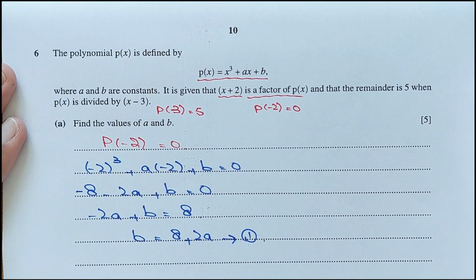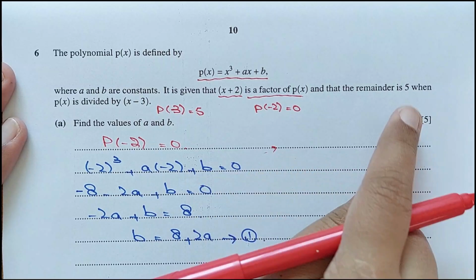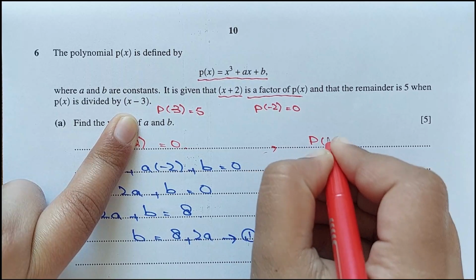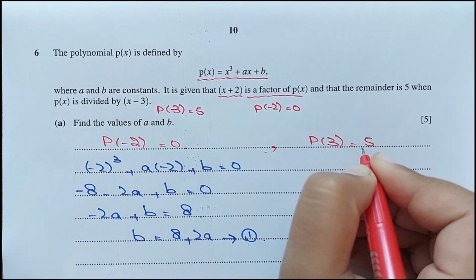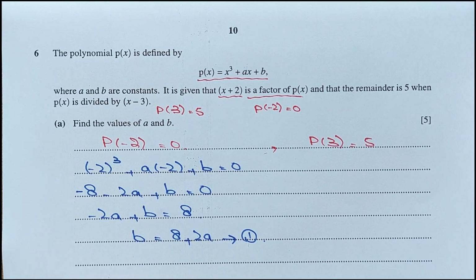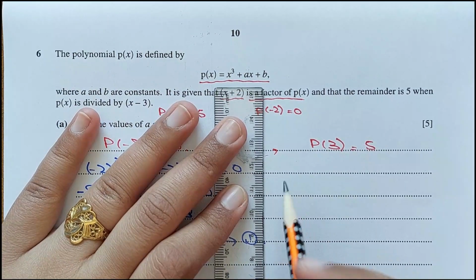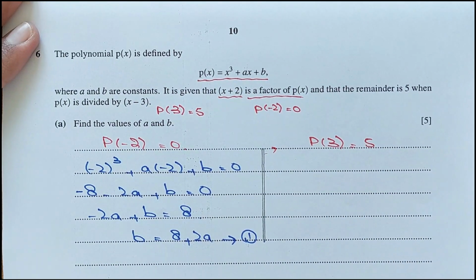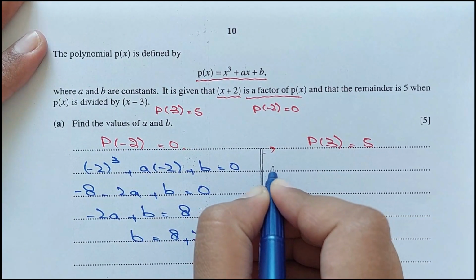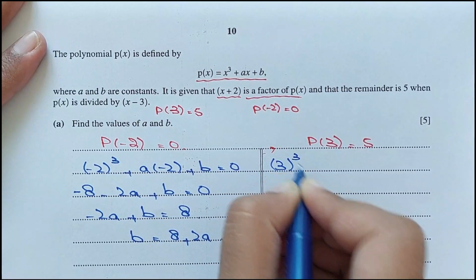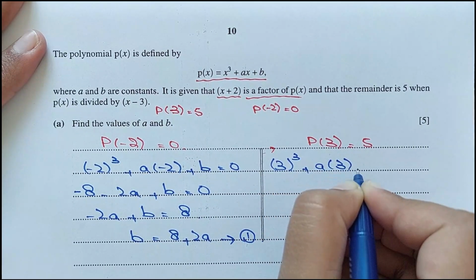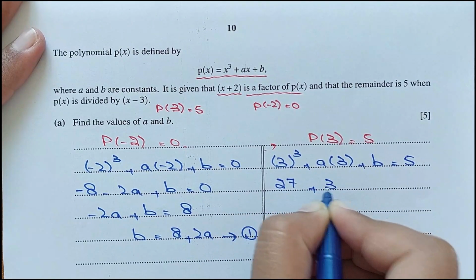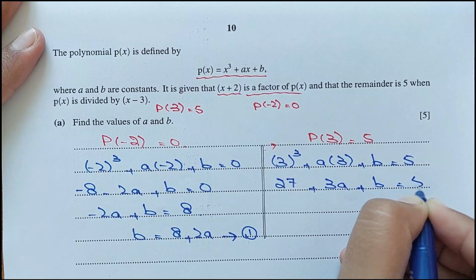Now let me use the second condition. When p of x is divided by x minus 3, the remainder is 5. P of 3 is 5, right? Now simplify the other side. So we can say 3 cubed plus a times 3 plus b is 5, so 3 cubed is 27 plus 3a plus b equals 5.